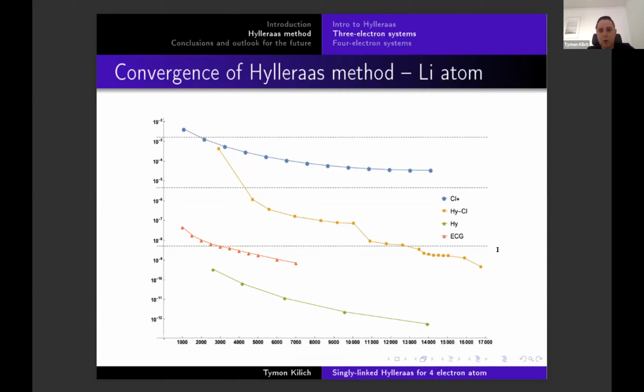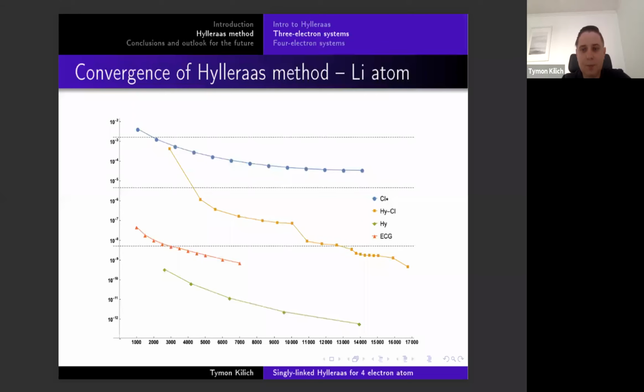lithium atom, where, maybe I didn't say that on the previous plot, on the y-axis we have basically convergence with the exact, or the best estimation of the exact, non-relativistic energy, and on the x-axis we have the number of basis functions. As we can see, in this case the CI method is more or less, there's a star here because it's approximated.